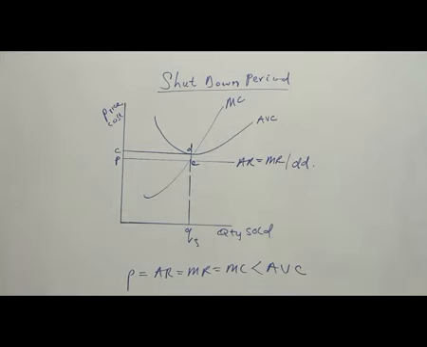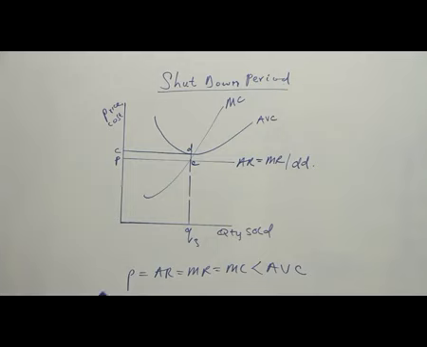But if the firm can cover average variable costs, the firm can still continue. That is, in the next period, they will cover the other costs. But if the firm cannot cover the average variable cost, it's advisable for the firm to leave the industry. That's what we call the shutdown period: the inability of the firm to cover its average variable cost in the short-run period.